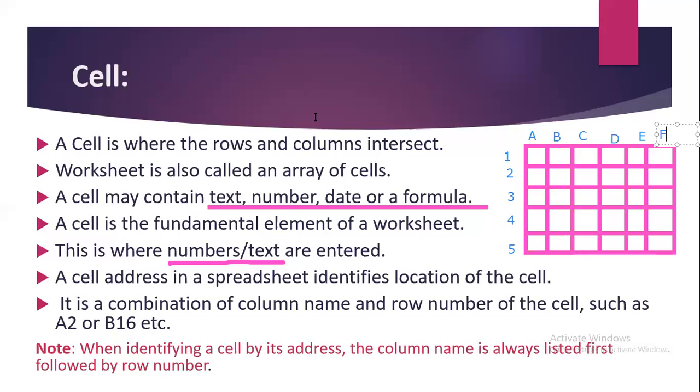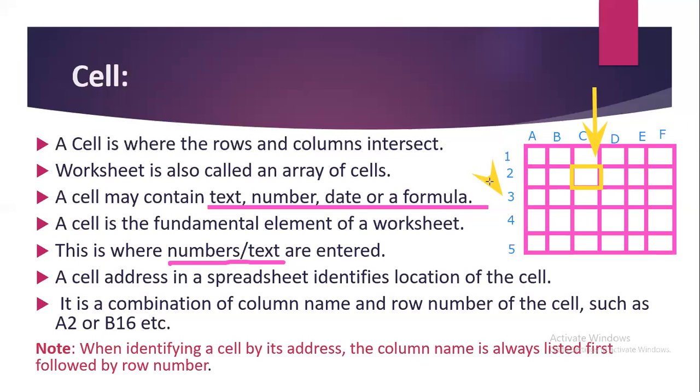Now I want to identify the address of this cell. How are we going to calculate the address of this cell? First of all, we'll see the column name. The column name is C, and then we'll see the row header.